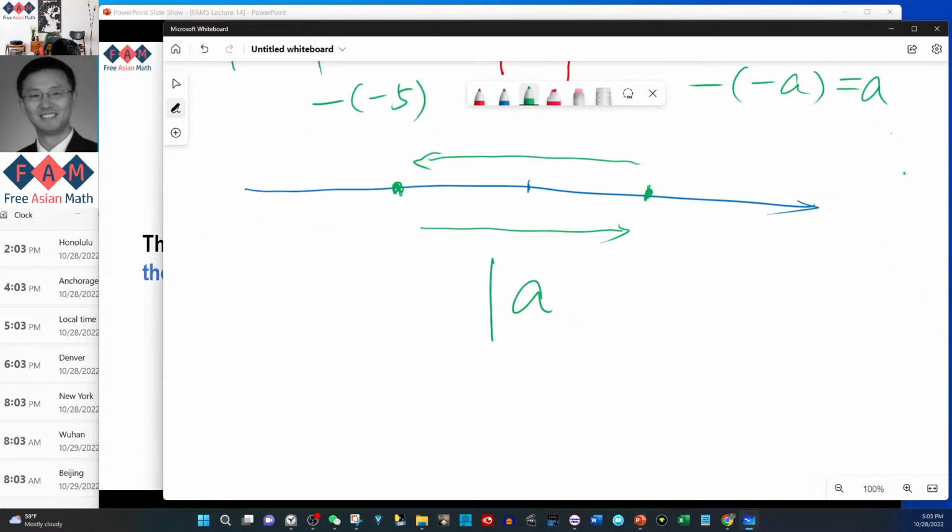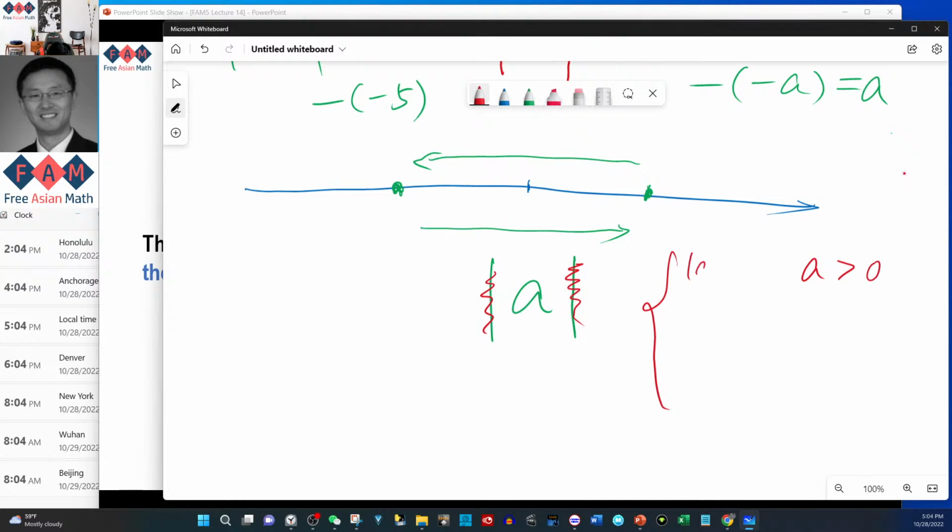Essentially, if you want to break out or just remove this absolute value operator surrounding A, you have to do a casework discussion. What if A is greater than 0?